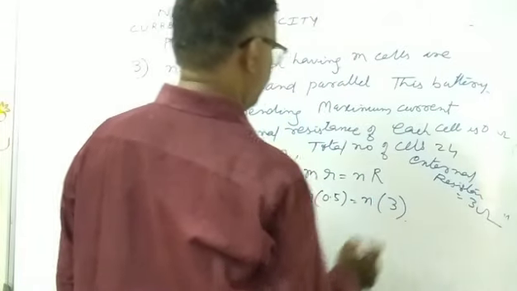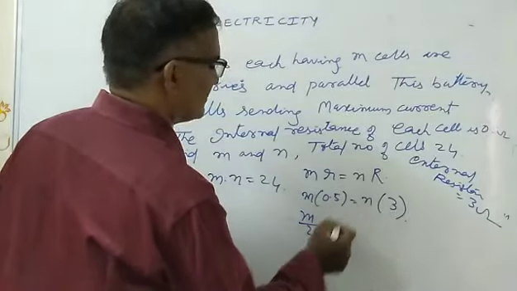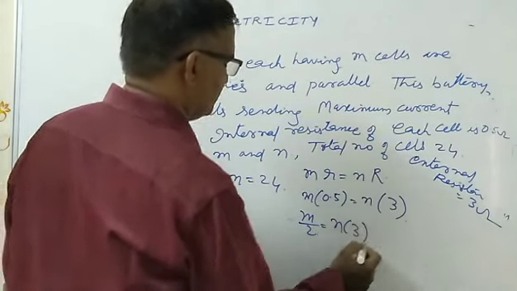So m by 2 is equal to 3n. Cancel here, and m is equal to 6n.